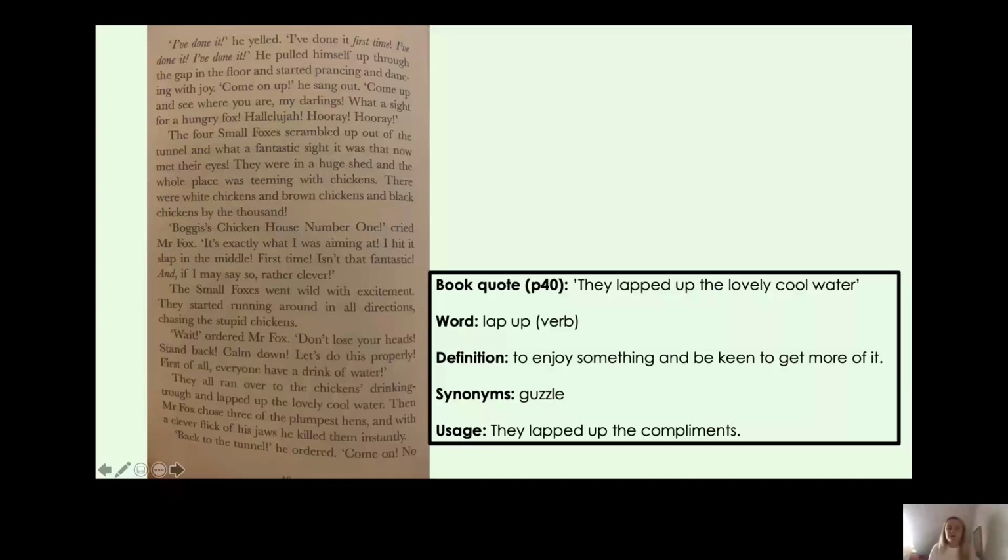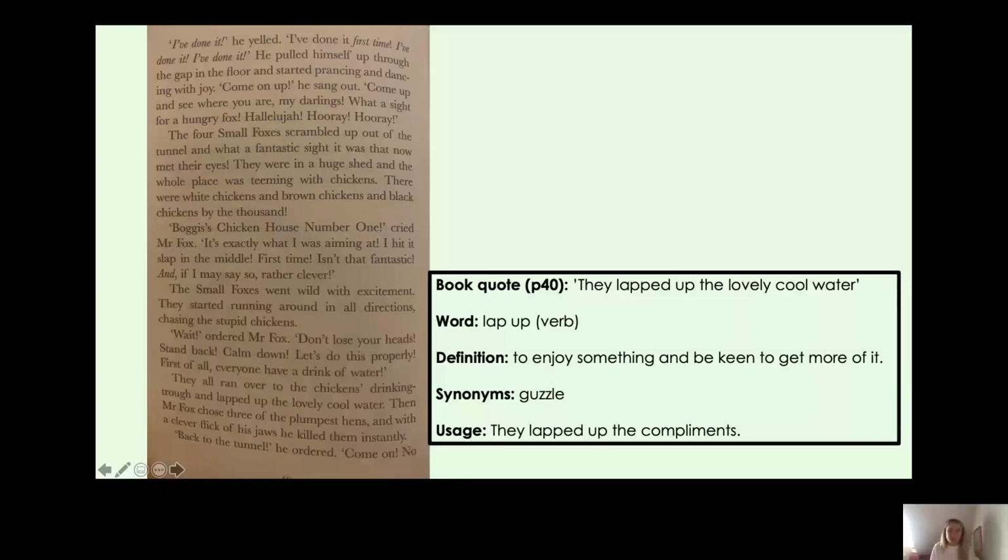They lapped up their drink. Now, some synonyms for this use of the word lap, because lap up something can be used in lots of different contexts, but in this context in the book it's being used to describe how they were drinking. So a synonym for lapping up when you're drinking would be to guzzle. If you guzzle your drink down, you drink it really, really fast and you'll enjoy it and you're keen to have more of it, okay?